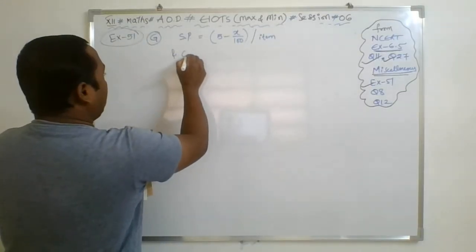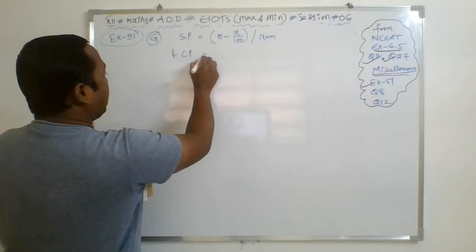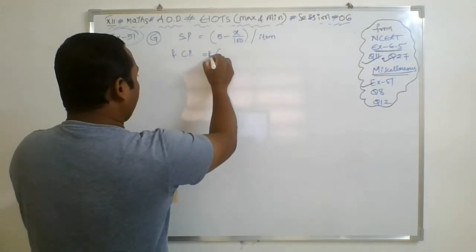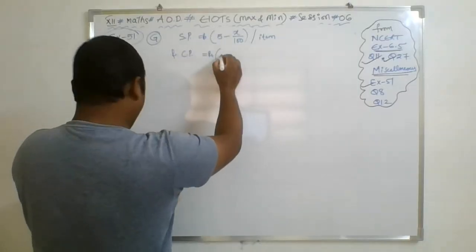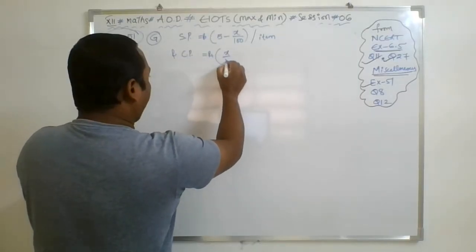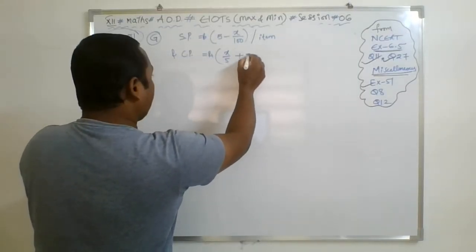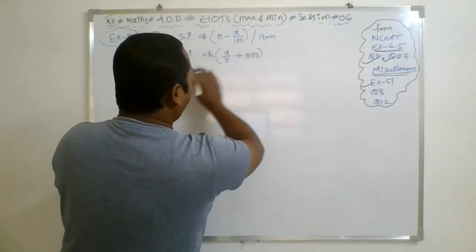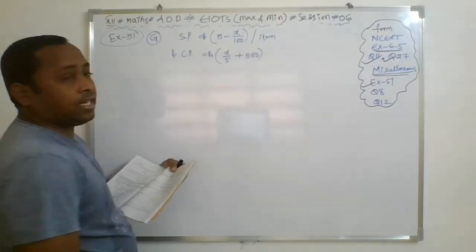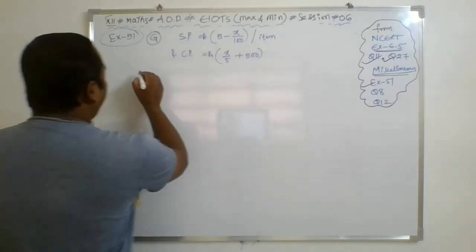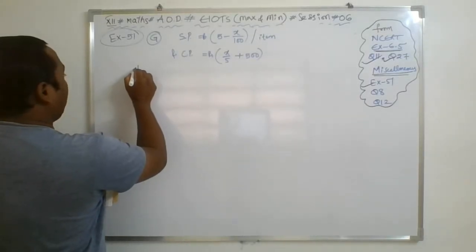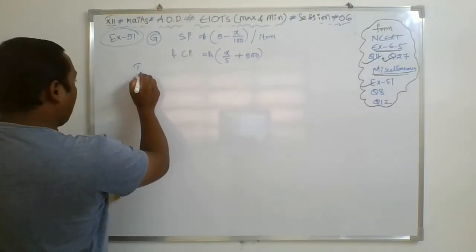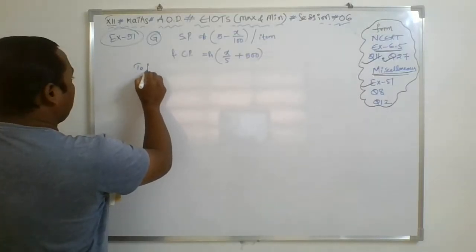And the total cost price of selling X items is rupees X upon 5 plus 500. This is the total cost price of selling X units. And what did they want to find? They wanted to find the number of items.